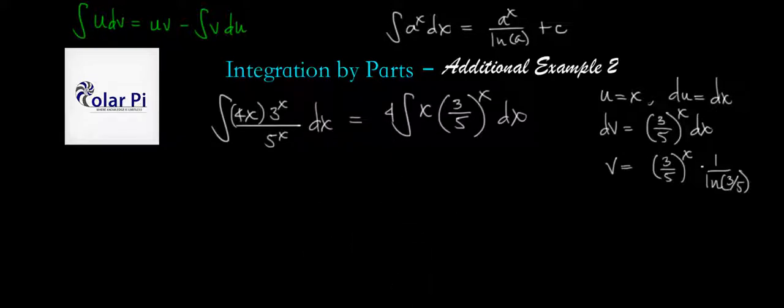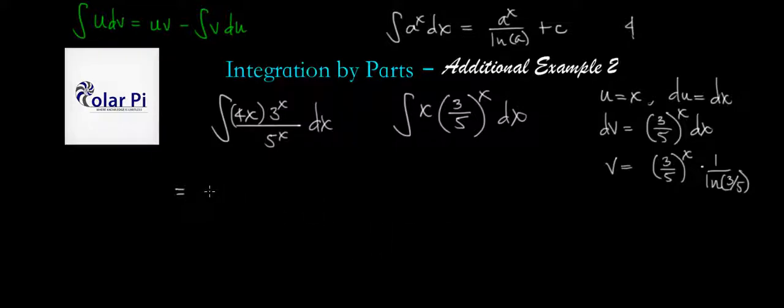Ignoring this 4 that we need to multiply by, setting it aside for now, so I won't forget to multiply by the 4. This integral here, which is no longer equal to that because of the 4 being gone, is equal to uv, so that's this guy times this guy.